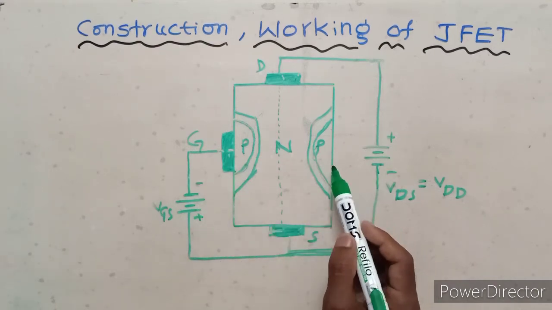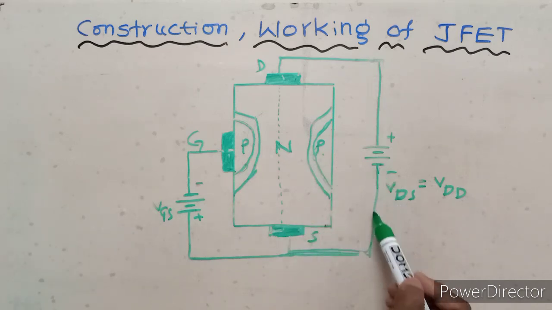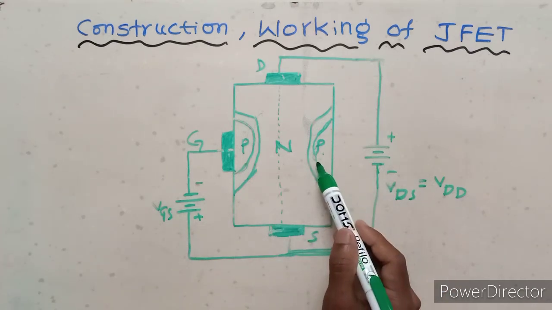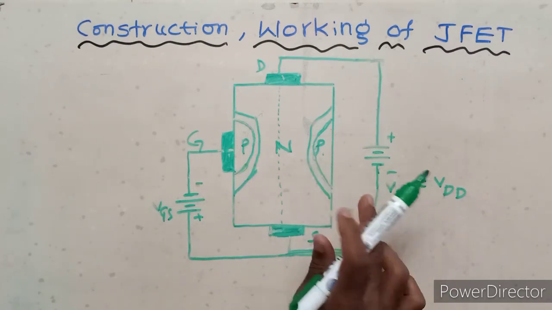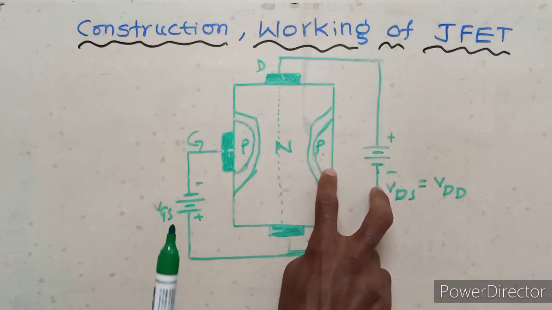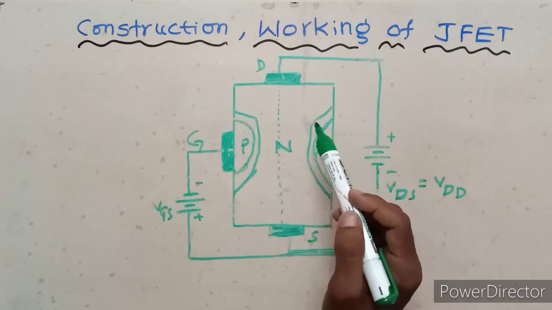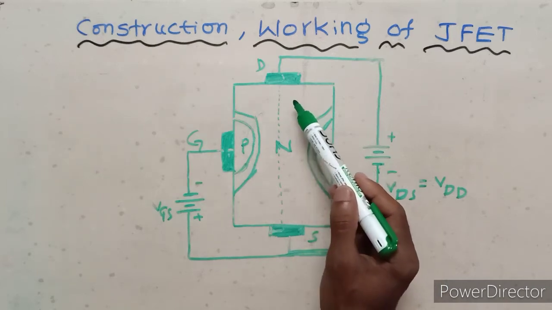So here this is the P type of semiconductor, and this is the negative terminal of the battery. These two are attracted, so the depletion layer is formed. Then the drain current is very large.